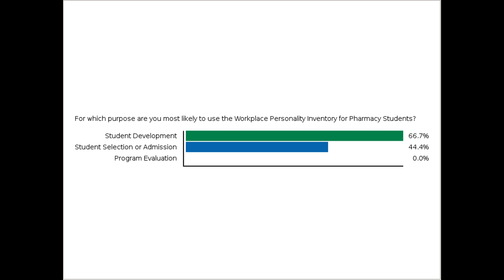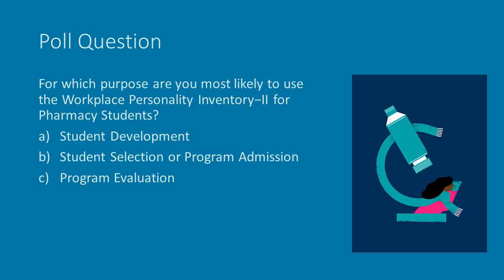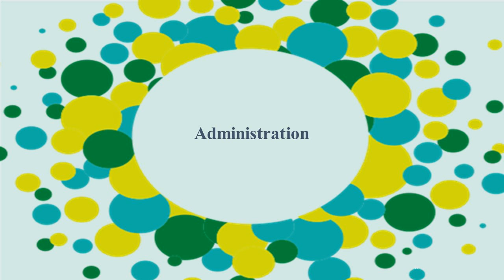What I'm hearing from the field is it can be challenging to fill a full cohort, and you're not getting the number of applications that you may have in the past. So wanting to make sure you're developing students to be the great pharmacists that your programs have the reputation for may require some additional student development work. I'm glad to see that a lot of people are using the assessment in that way.